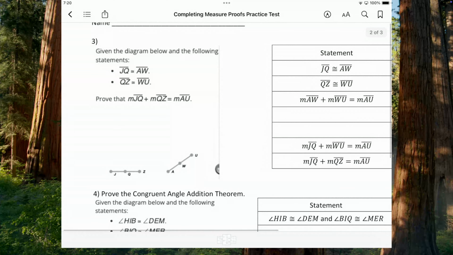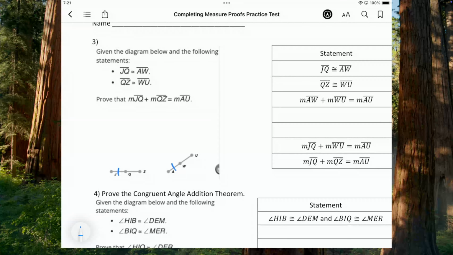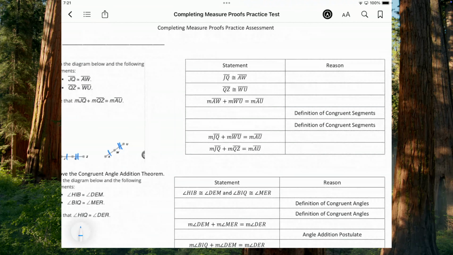And here we've got JQ is congruent to AW. That's a given. And QZ is congruent to WU. Those are both given.